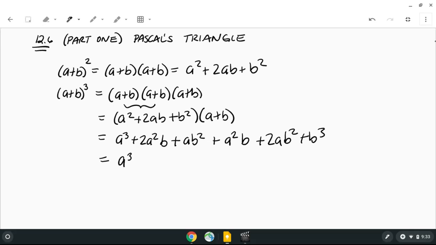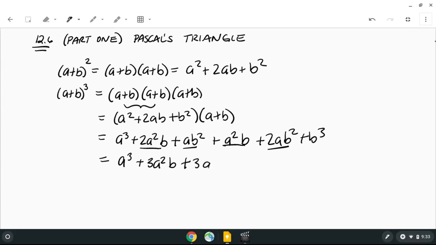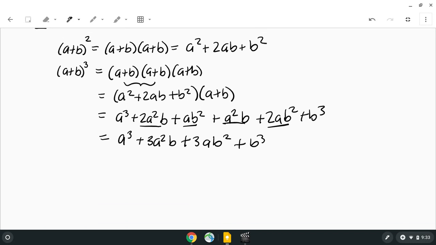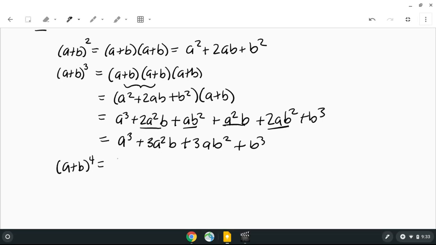A squared b's, I have one here and here, so that makes it 3a squared b. And then I have this one and this one, so that's 3ab squared. And then I have that b cubed at the end.